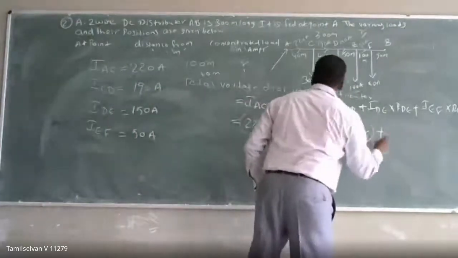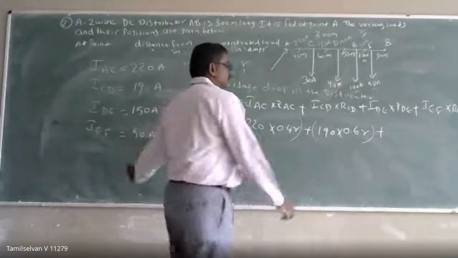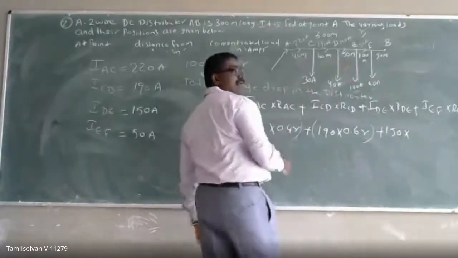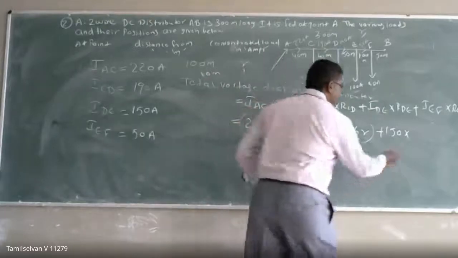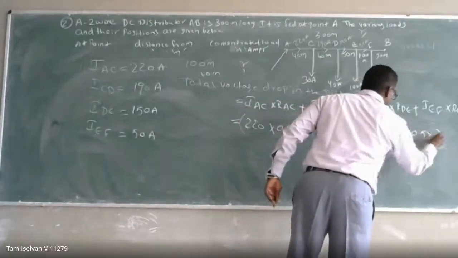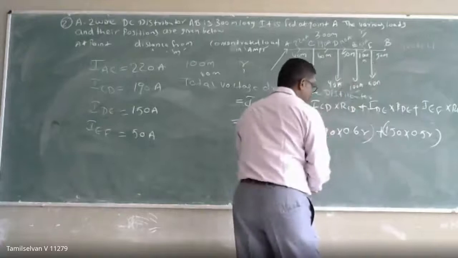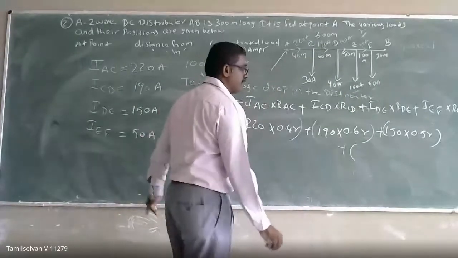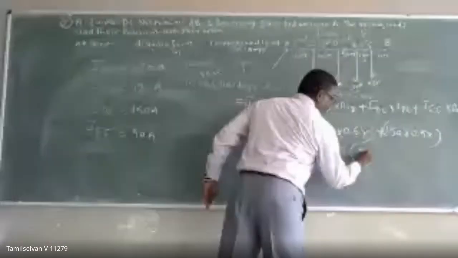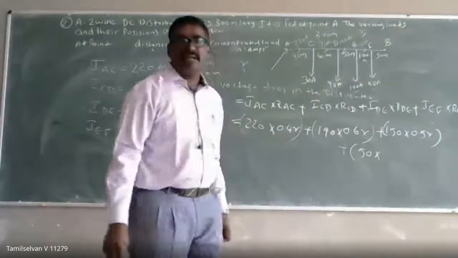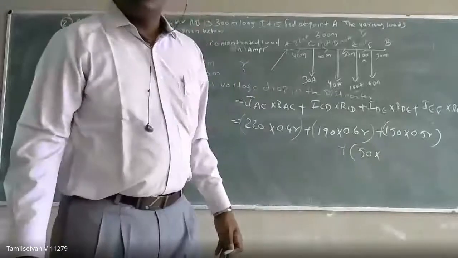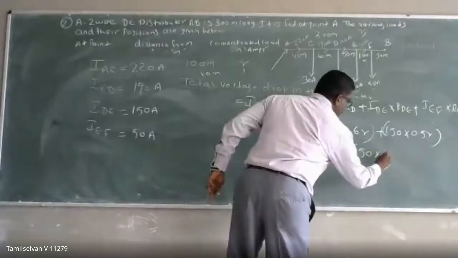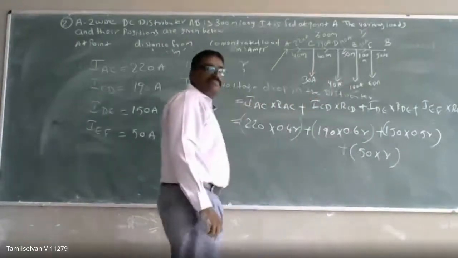Plus DE, 150 into 50 meters, so 0.5 R. Plus 50 into 100 meter, so 100 by 100 is 1, so 1 into R.